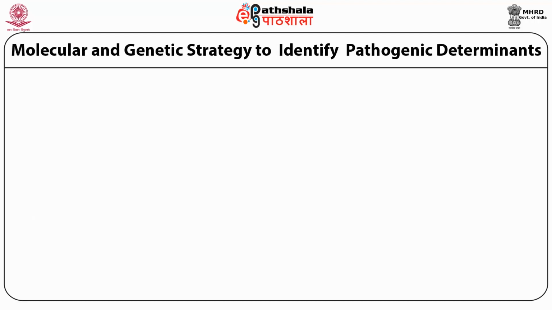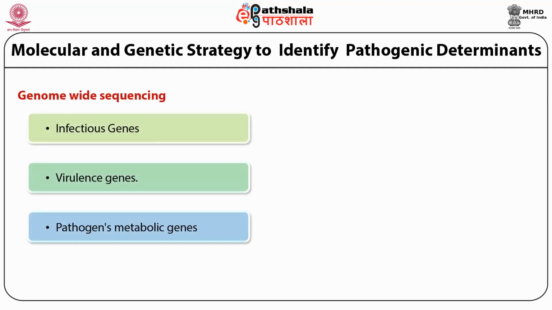Molecular and genetic strategies to identify pathogen determinants have revealed many infectious genes, virulence genes, and pathogen metabolic genes. These genes we can get through sequencing programs also, and then in the laboratory investigators can do simple RT-PCR and confirm those genes for bacterial, fungal or any pathogens.